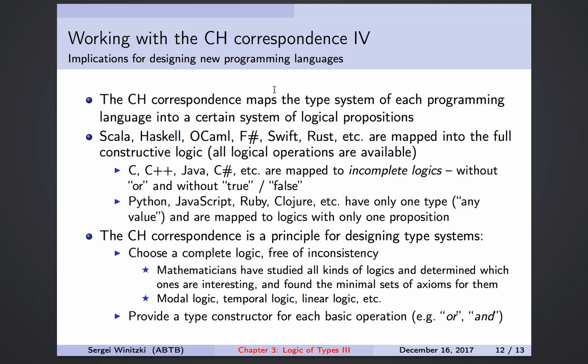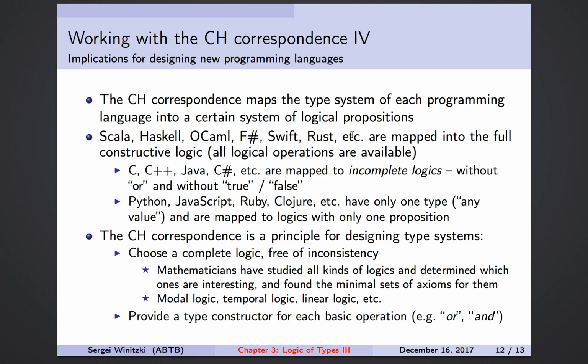So it is very important that we understand that there's a mathematical principle behind inventing programming languages. And this principle is that the type system of these languages must correspond to a good, consistent, non-contradicting, and fully featured logic, so to speak, with all logical operations that are available. So these programming languages have been designed with this in mind.